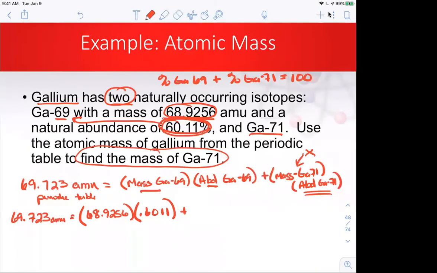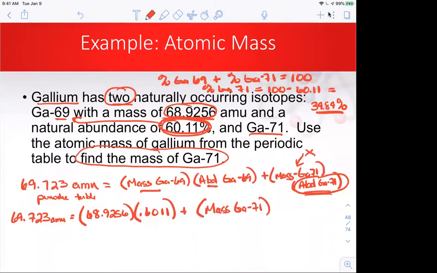So the percentage of gallium-71 is going to be 100 minus 60.11, which is going to equal 39.89. So now I have this term. I'm solving for the mass of gallium-71, and I know the abundance is 0.3989.